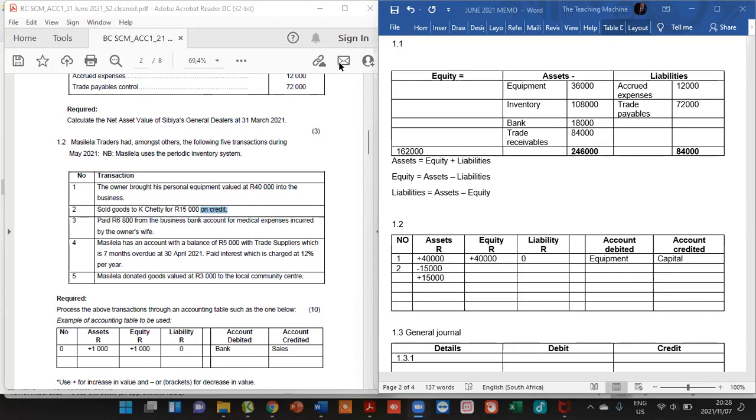Okay, Susie, I've made you a co-host. Now you can help me mute students. Okay, now let me continue with this transaction.